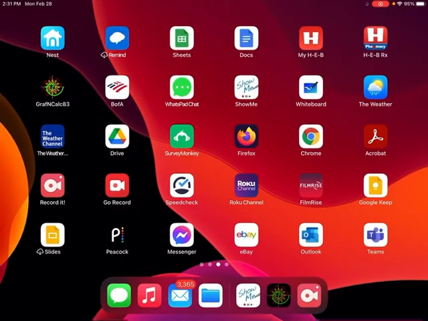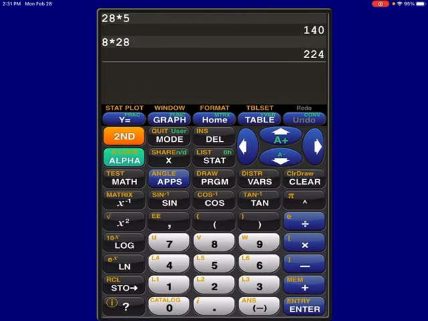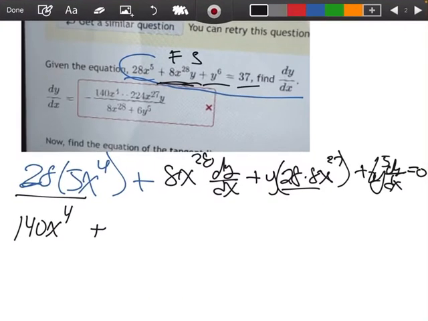So 8 times 28, 224. So I have a 224 y, and actually I'll put the x coming first. It doesn't really make a difference, but I'm going to put the x coming first. 224x to the 27th with a y.